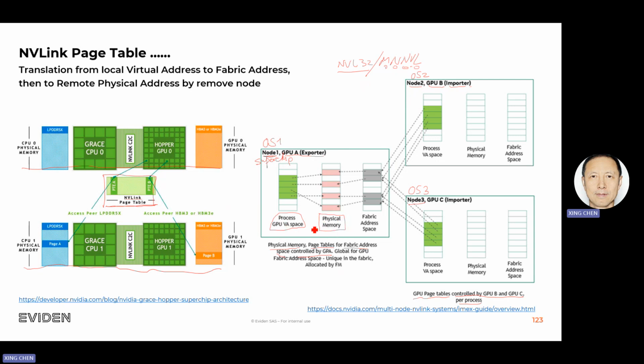And for the type 2 system, sometimes you are going to have a translation which points not to its own physical memory. It could be pointing to a physical memory from another superchip. Maybe it's a good idea to come back to this one.